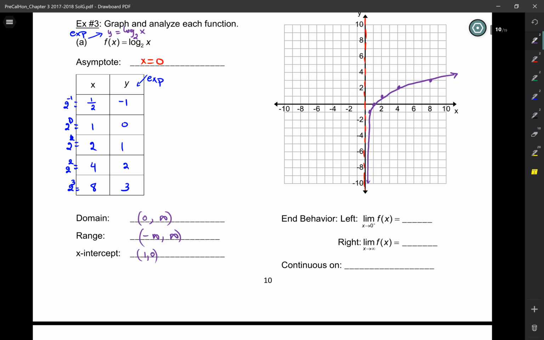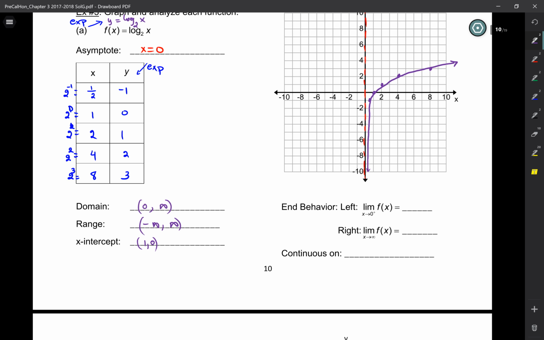Let's talk about left and right limits. So the right limit, as x approaches infinity, y goes to positive infinity. Now, in this case, it doesn't make sense to say what happens as x approaches negative infinity because it can't cross 0. Instead, we're going to get into more detailed versions of this.